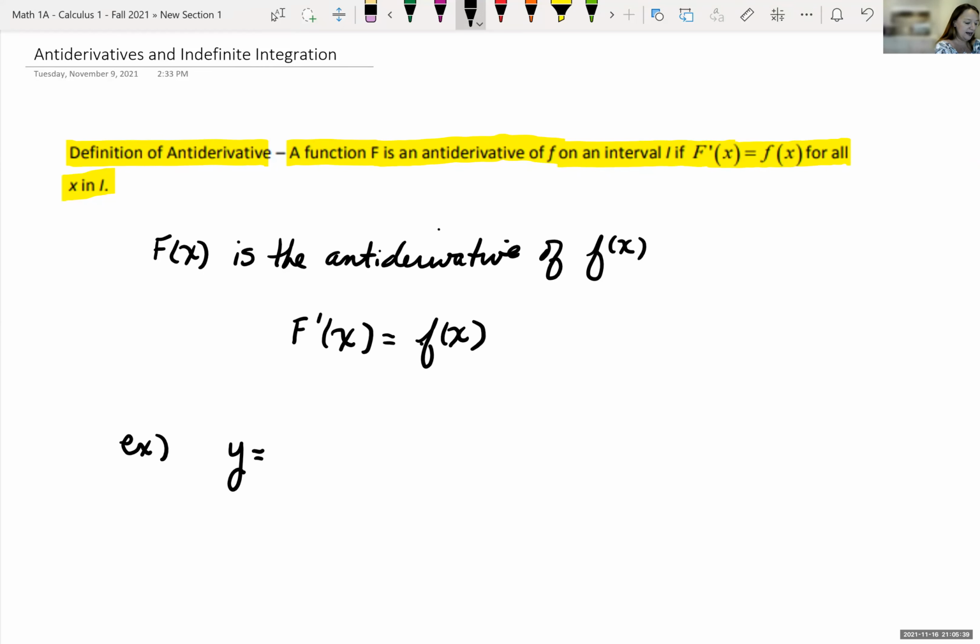Let's say that f of x is equal to 1. So think to yourself, what could I take the derivative of and get back 1? Well, remember, if we took the derivative of x, that gave us back 1.